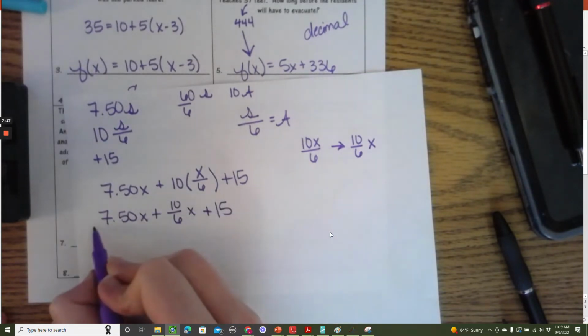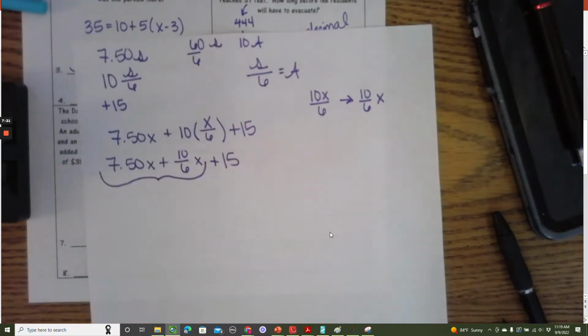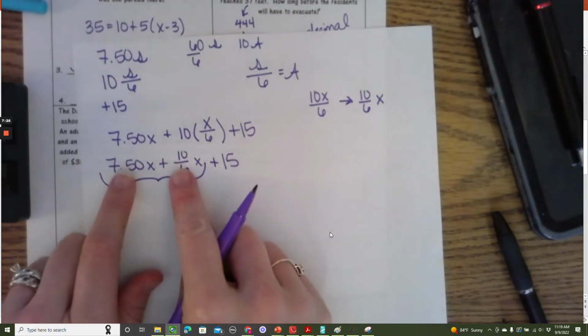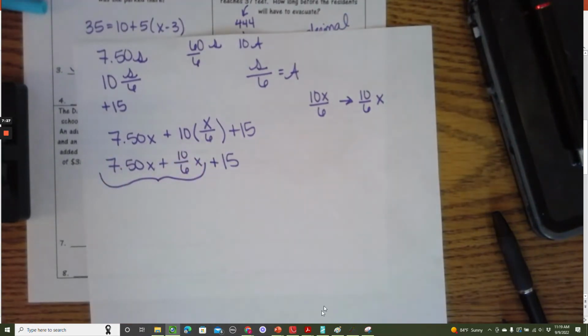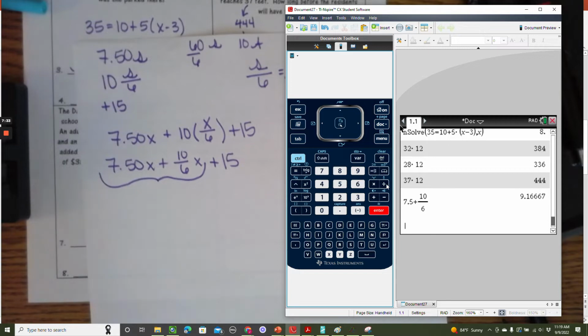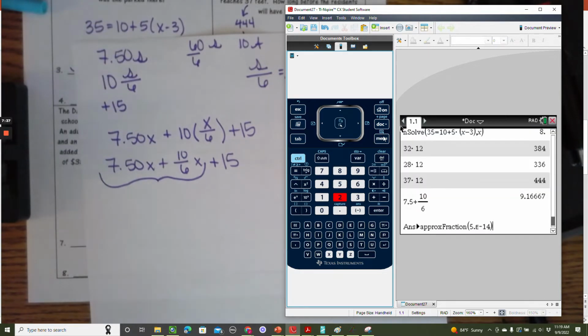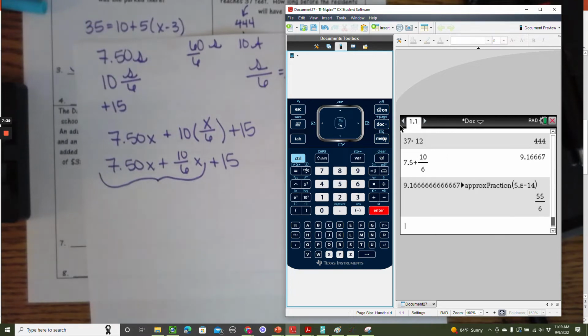now what I have, these are like terms. And I can combine them into one x. What I do is I take the coefficients and I just add them together. So 750 plus 10 over 6, making the decimal into a fraction, which is what I want.